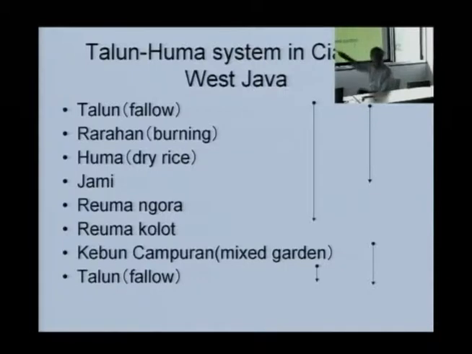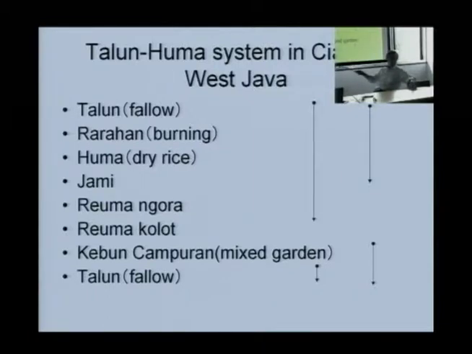After that, they move to another place. But people in West Java made the evolved system. They continue to use the land by planting perennial trees, and also a combination of yearly trees, so varied. So a lot of stages after Lumangora, Kumun Champurang, and Tarun.